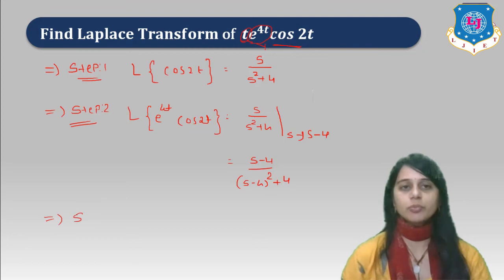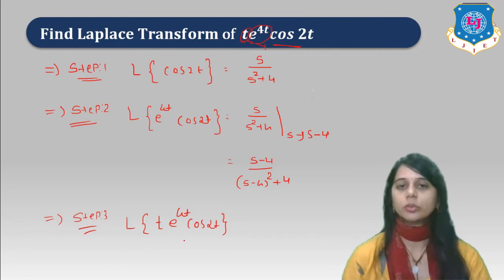Now step 3, Laplace of t e raised to 4t cos 2t. So what do we do? Minus 1 raised to 1, d raised to 1 by ds raised to 1 of (s minus 4) upon (s square minus 8s plus 16 plus 4), that is 20.